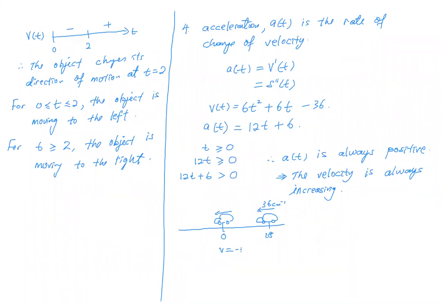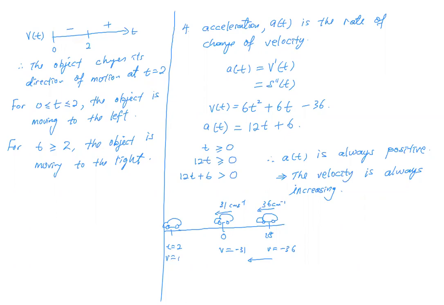So you see from negative 36 to negative 31, isn't it increasing? But you look at the speed, is it increasing or decreasing? Decreasing. Then until a certain point at t equal to 2, it stopped totally.